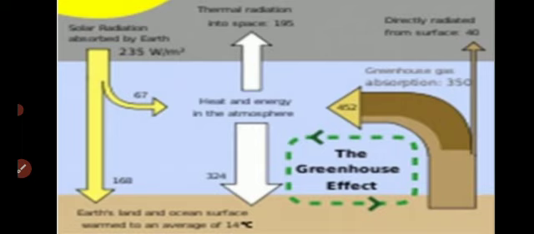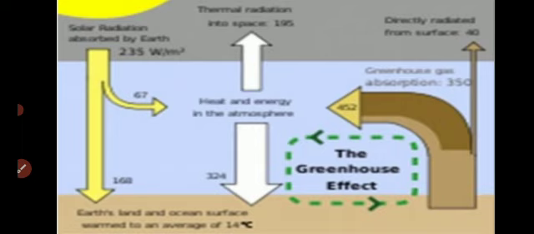Solar radiations, such as ultraviolet rays, are absorbed by the earth, those are 235 watts, and the earth's land and ocean surface warm to an average of 14 degrees Celsius. 67% of the radiation moves into the atmosphere, and near about 47% is absorbed by the earth.